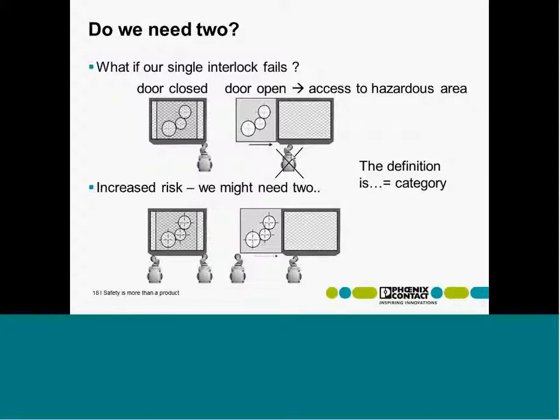For this reason, for applications with high risk, we need to have at least two interlock switches, as we see on the bottom line. That means there is a high probability that in case of failure, the dangerous movement will be switched off when I open the safety door. And that is the part of the category. So the category is defining the architecture of the subsystem.